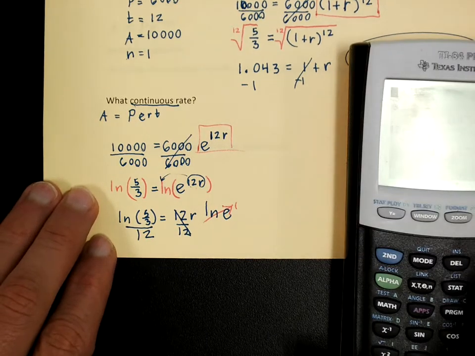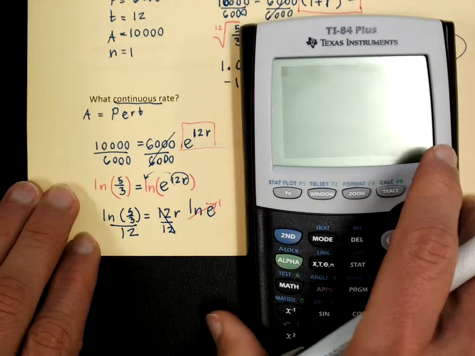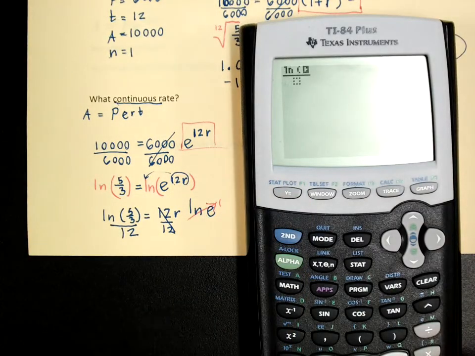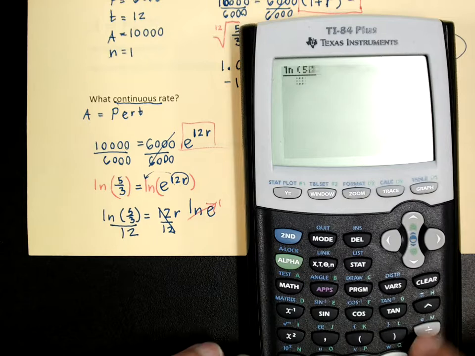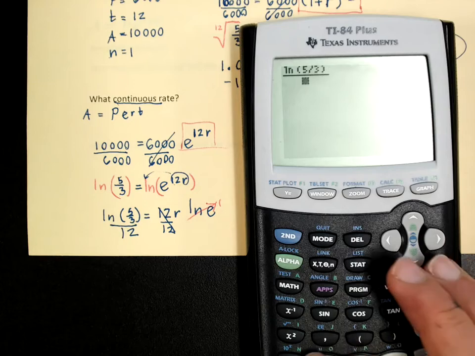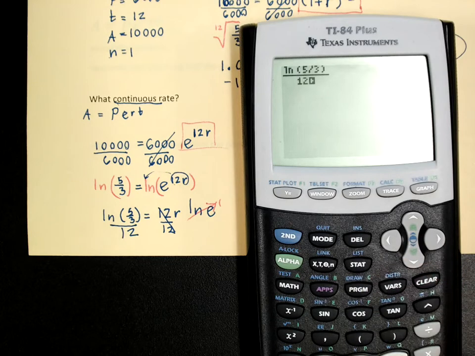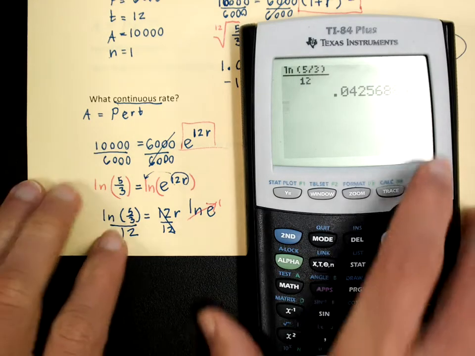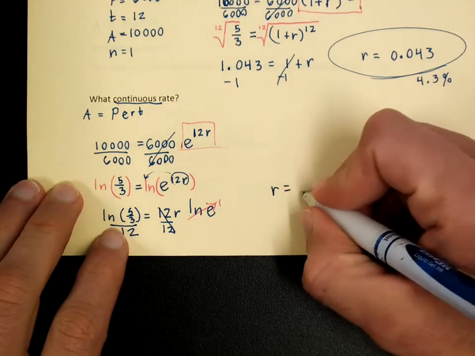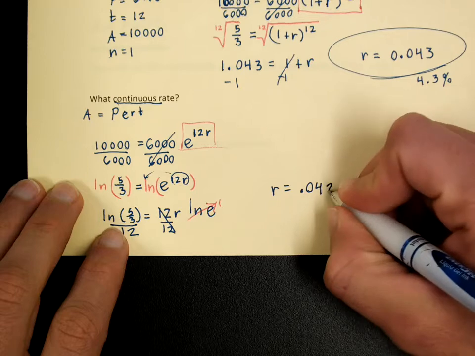Should be about the same, I imagine, but let's do that. We have the natural log of 5 divided by 3, divided by 12. So, pretty close. If I round the same, R is going to be equal to 0.423.